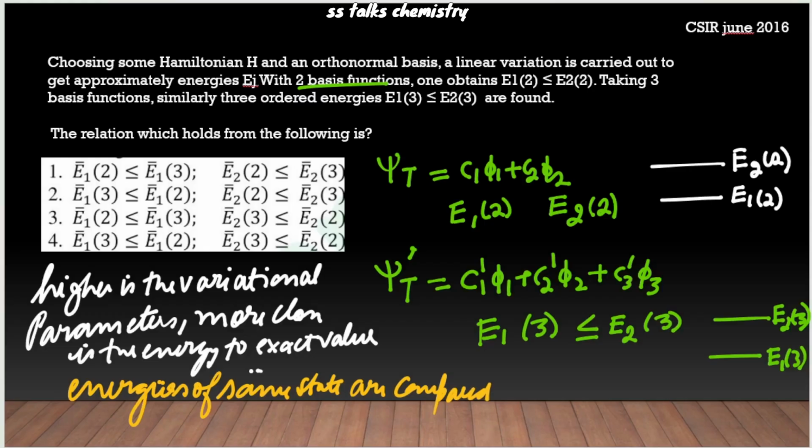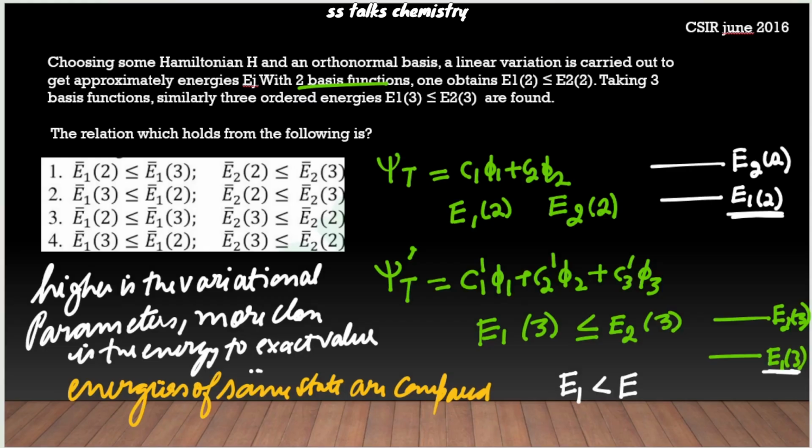Suppose I take the first level with three basis functions and the first level with two basis functions. Suppose the exact energy is E1. Compared to E1, the energy is going to be more for the trial wave functions.